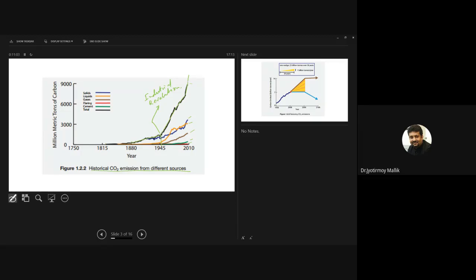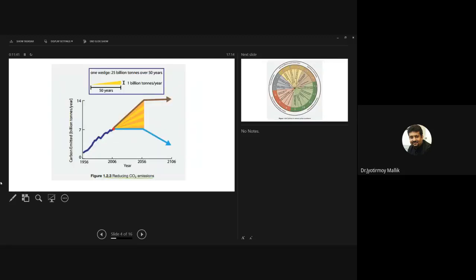Maybe there was a little notch during the COVID-19 situation when we did not do much. There was a little bit of a dip, but in general, this is pretty much uncontrollable. The amount of carbon dioxide that is increasing in the atmosphere is really worrisome. And that has something really to do with our lifestyle, how we have been exploiting these fossil fuels in a very unsustainable way.